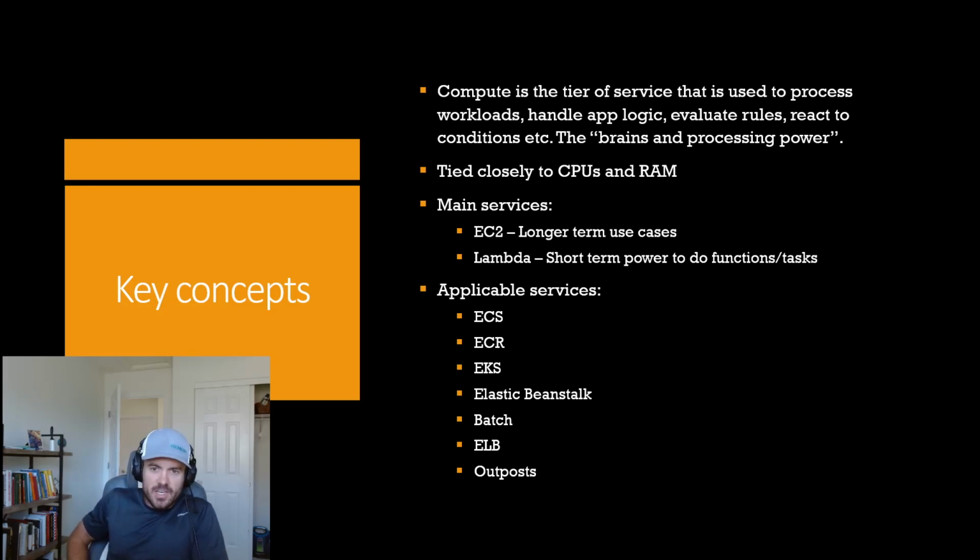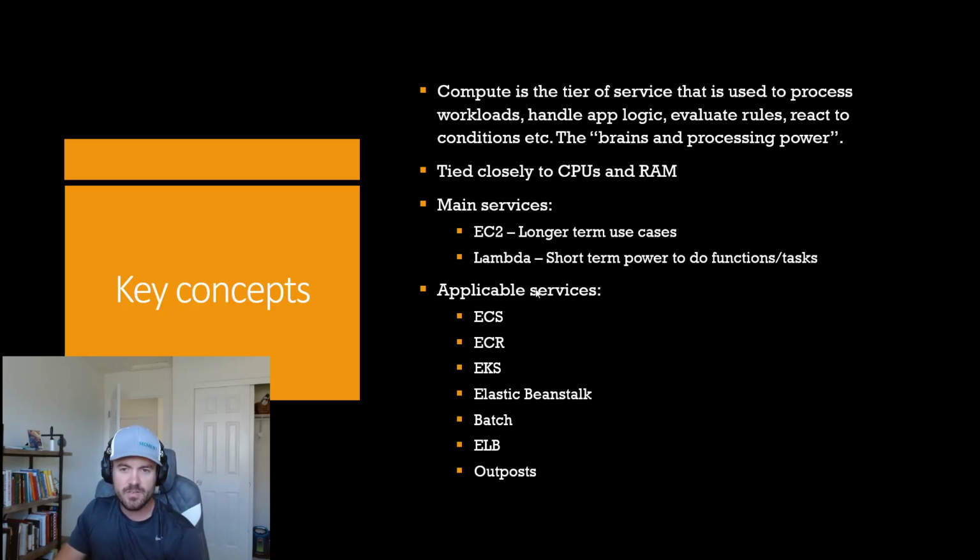And to give you an idea, it has a runtime limit of 15 minutes. So again, it's best suited for short-term use cases like maybe processing or calculations, things of that nature. Okay. So those are going to be the main two services you are going to want to keep in mind.